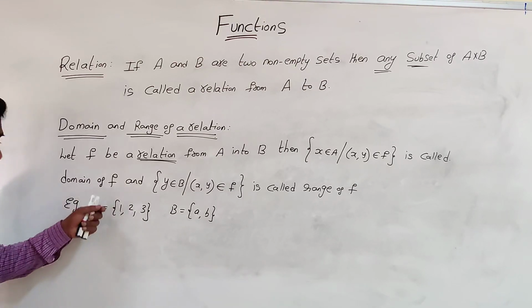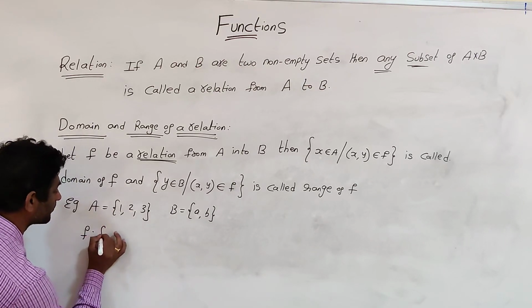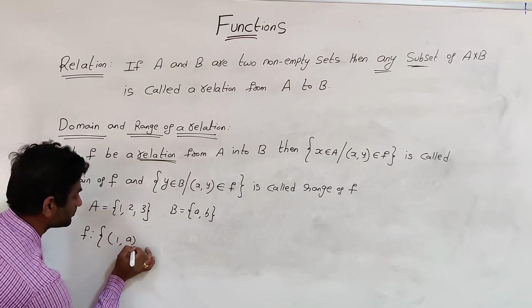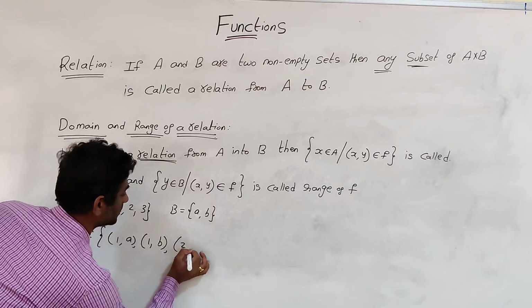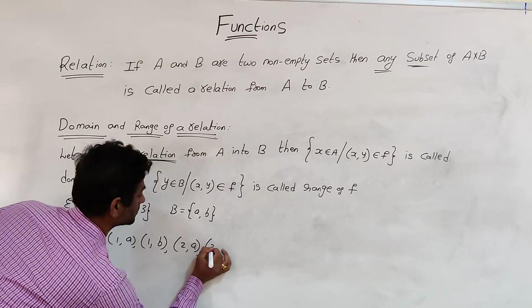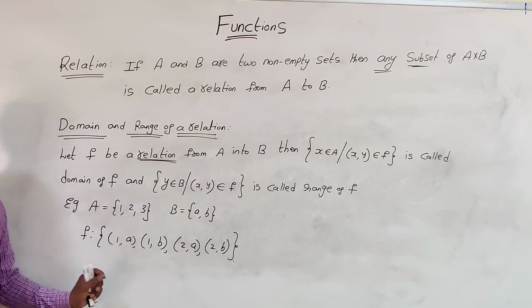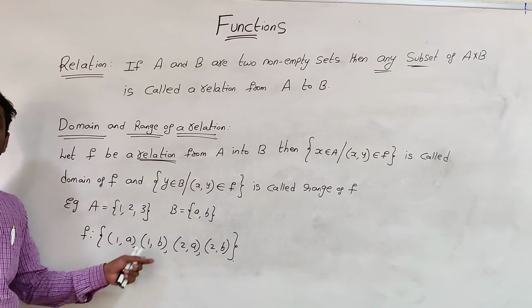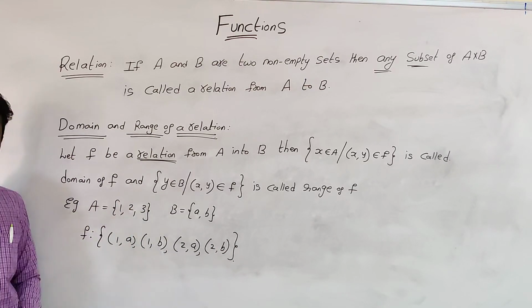So from these subsets, if I choose F equal to {(1, a), (1, b), (2, a), (2, b)}, this is one relation among the subsets.